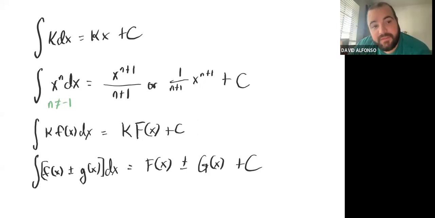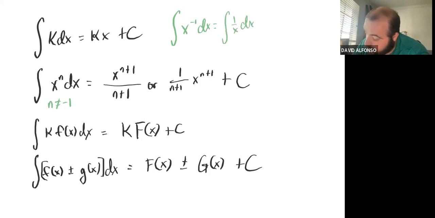Why? Because if the exponent is -1, that's a totally different problem. This is like saying 1 over x, which is the natural log. Does it make sense? The derivative of the natural log is 1 over x. So you have to remember that.